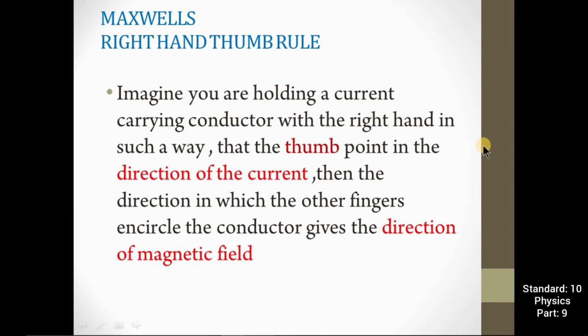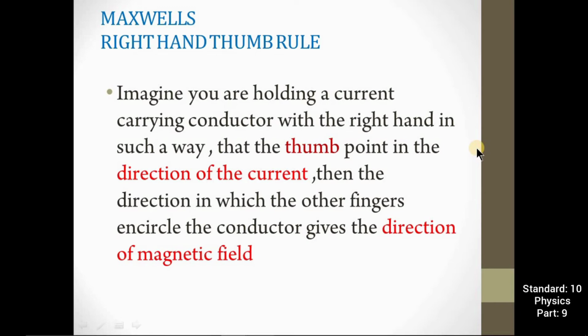Let us look at the rule. Imagine you are holding a current carrying conductor with the right hand in such a way that the thumb is pointing in the direction of current. Then the direction in which the other fingers encircle the conductor will give the direction of magnetic field.